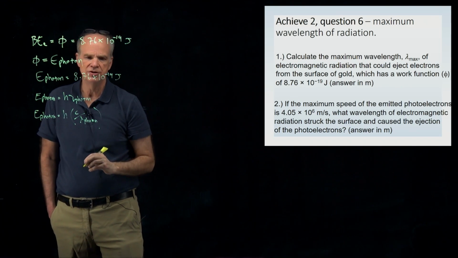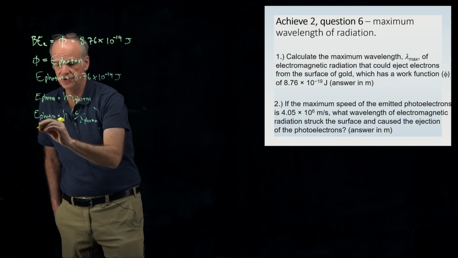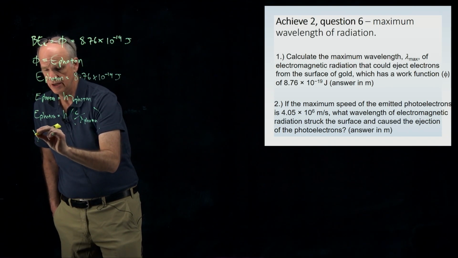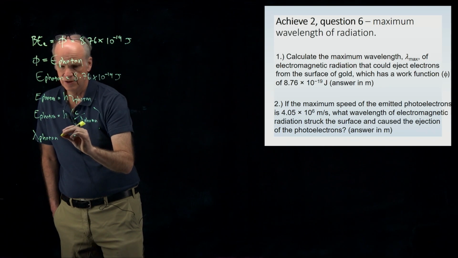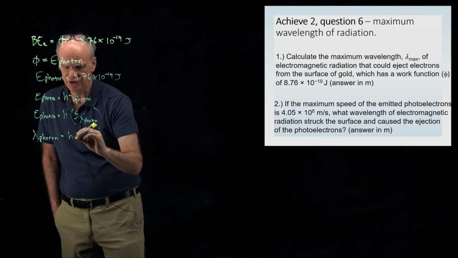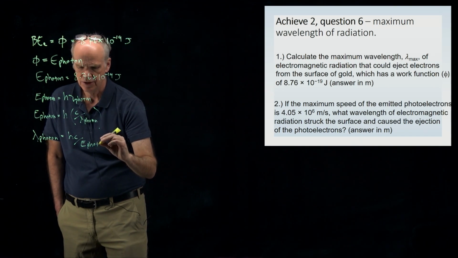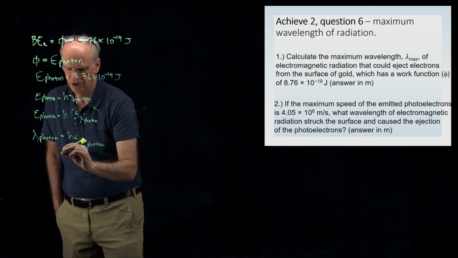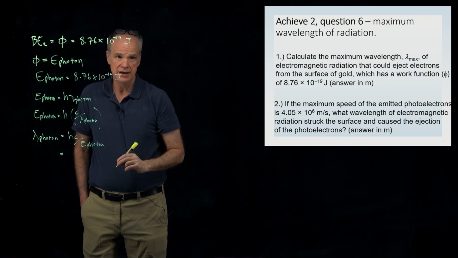And so what I'm going to do now is solve this equation for lambda, or wavelength of the photon. So the wavelength of the photon, lambda of the photon, is going to be equal to h times c over the energy of the photon. Okay, and so at this point, you can go ahead and plug in numbers.